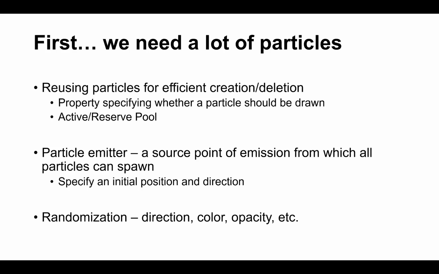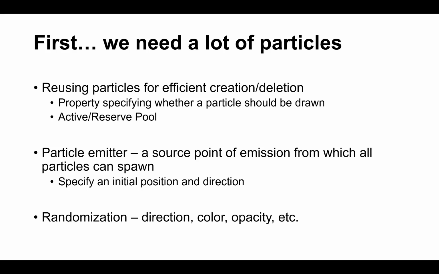Another thing that's important to know is that particles would need to be spawned based on an initial position and velocity, and this is called a particle emitter, which is pretty much just a class or some sort of defining structure in code that specifies a source point of emission from which all particles spawn.